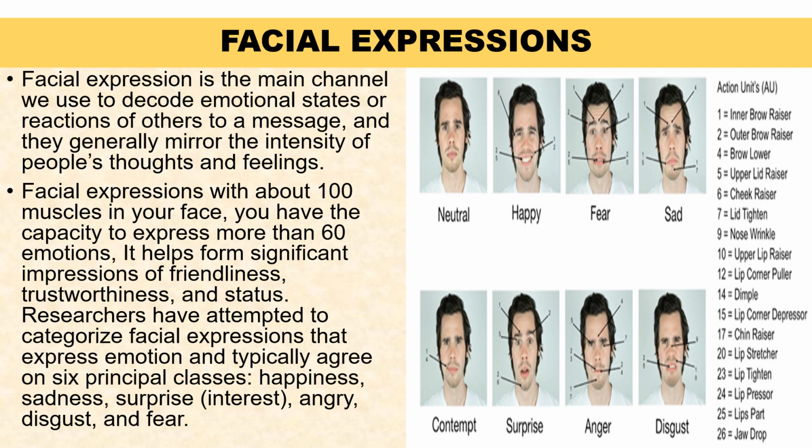So the guy is looking surprised. Anger means he has closed, pursed lips and the eyes looking very angry. Disgust means he is annoyed by something, he dislikes something, right? So these are the six types of facial expressions. It is showing eight types, but they classified them into six principles.